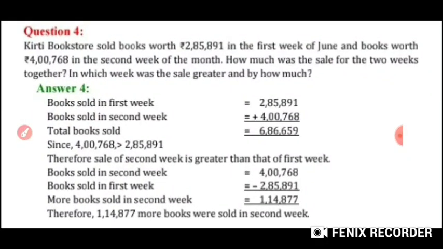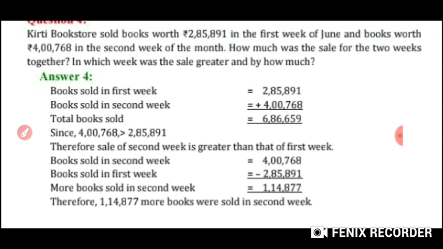Kirti Bookstore sold books worth 2,85,891 in the first week of June and books worth 4,768 in the second week of the month. How much was the sale for the two weeks together? In which week was the sale greater, and by how much?